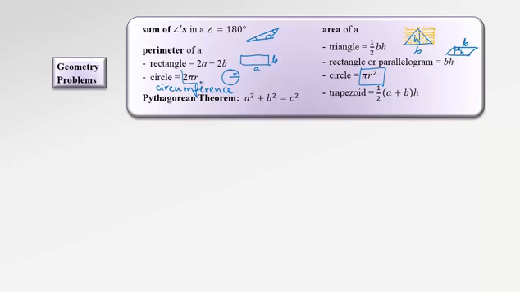Notice that 2 pi r and pi r squared look very similar. We use the same signs, pi, r, and 2, except that this 2 has a totally different role. In perimeter it is times 2. In area, we are squaring r. Area is a two-dimensional measurement.